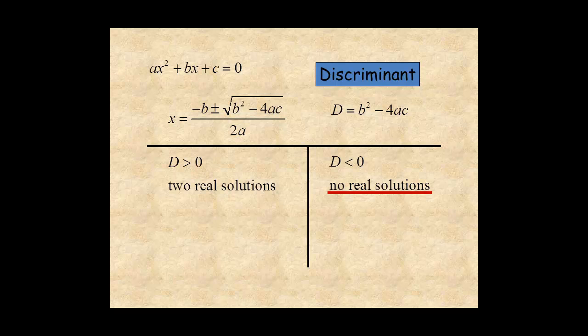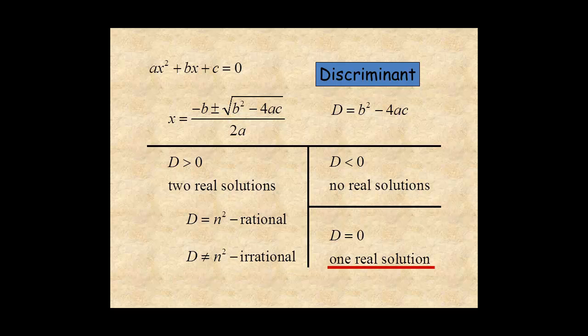When the discriminant is a perfect square, the solutions are rational. And when the discriminant is not a perfect square, the solutions are irrational. Also, the discriminant could be 0, in which case there's one real solution.